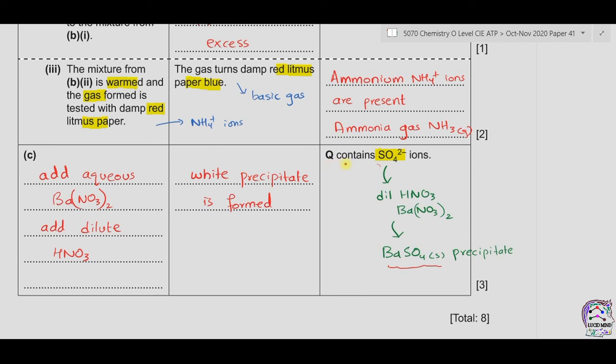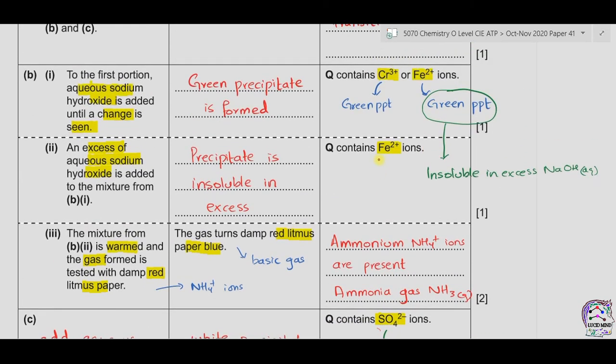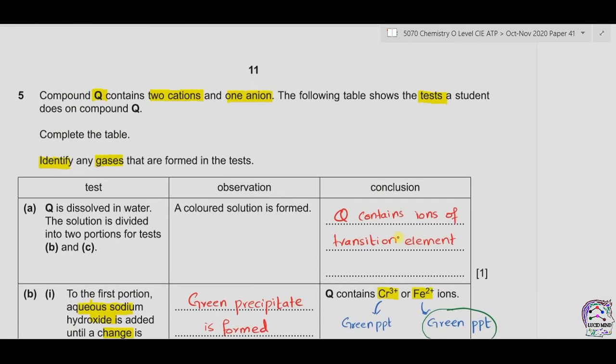So we can see that in compound Q sulfate ions were present, and also iron 2+ and ammonium ions were present. As the question mentioned that Q contains 2 cations, one was NH4+ ammonium ion and the second was iron 2+, and one anion, that was sulfate.